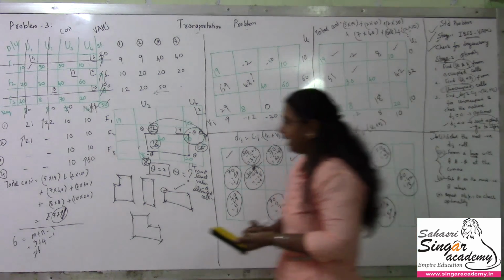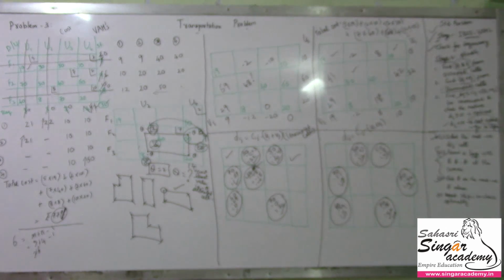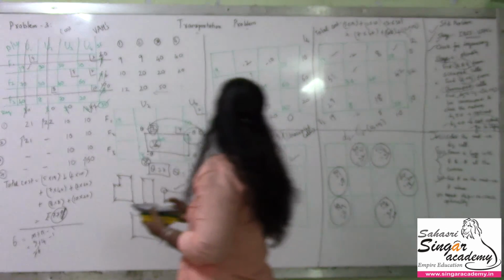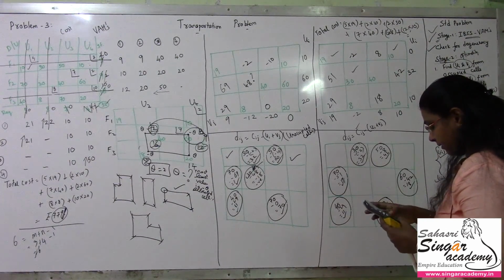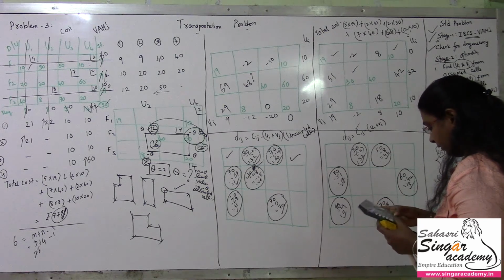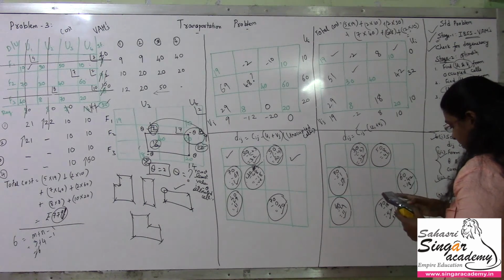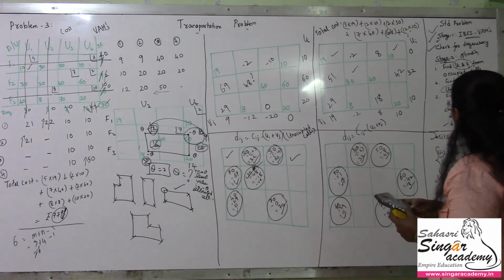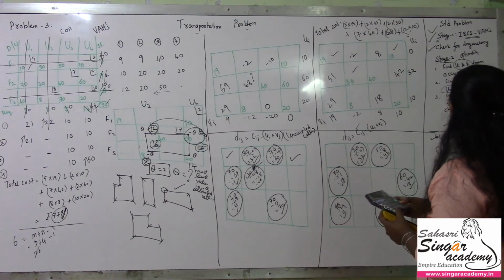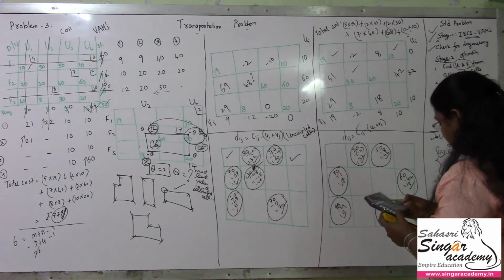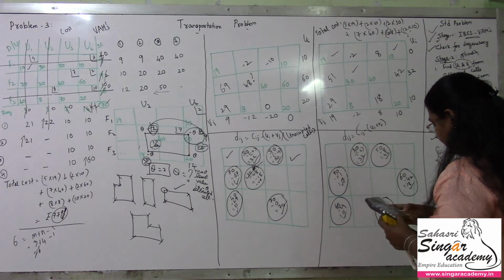So let me check the value here. So 5 into 19 plus 20 plus 60 plus 210 plus 48 plus 120.